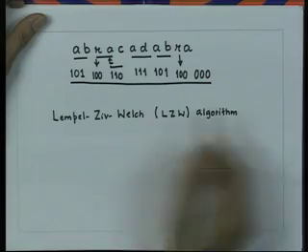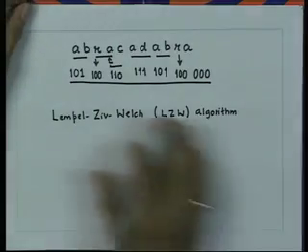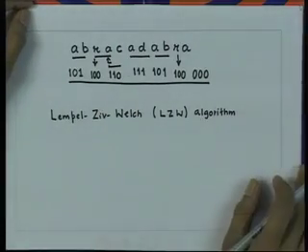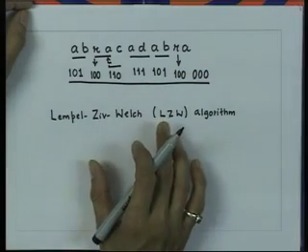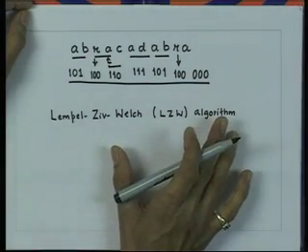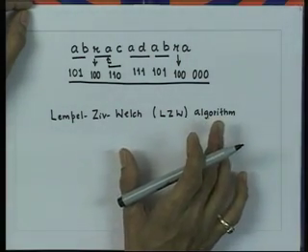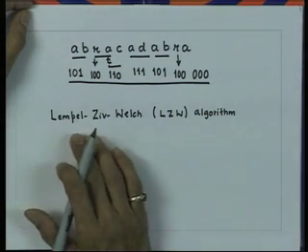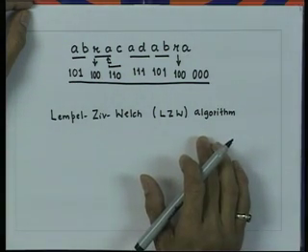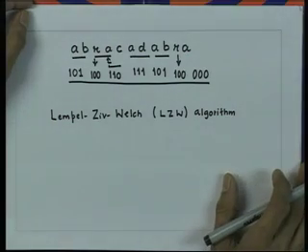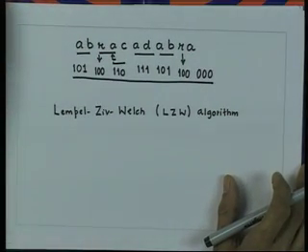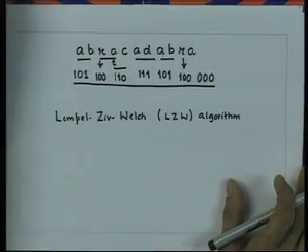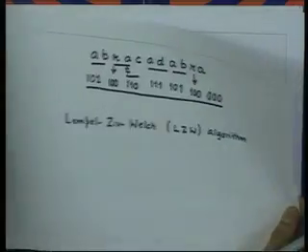This algorithm is well explained in the literature. We will not go into the details as far as this class is concerned. The idea behind this algorithm is that it dynamically constructs a dictionary from patterns observed in the source output.